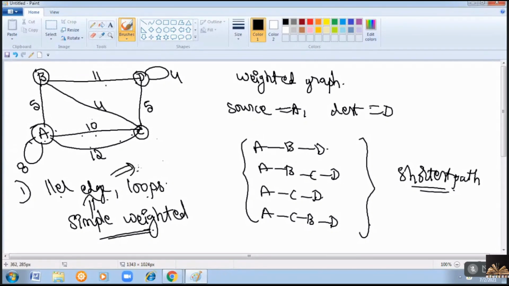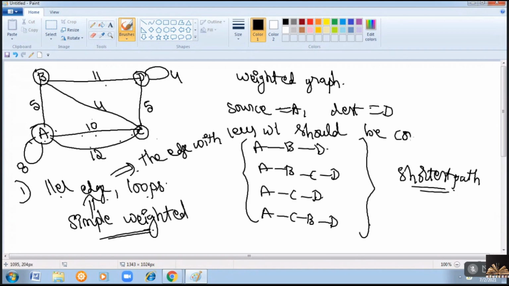Removing parallel edges means you are removing the edge with more weight. The edge with less weight should be considered in case of parallel edges. So among these two, you have to consider this edge and remove this one.